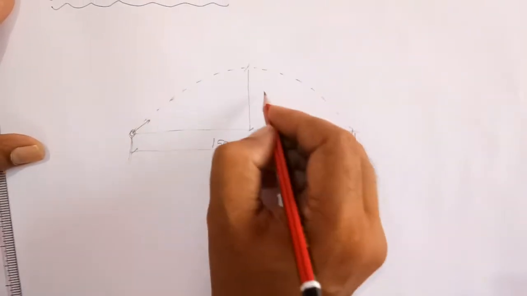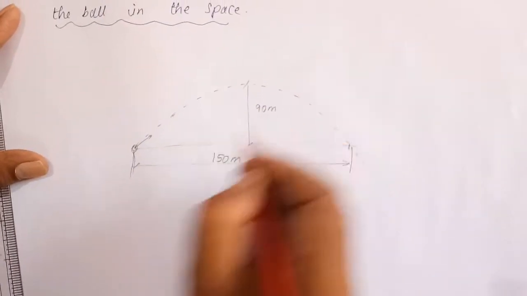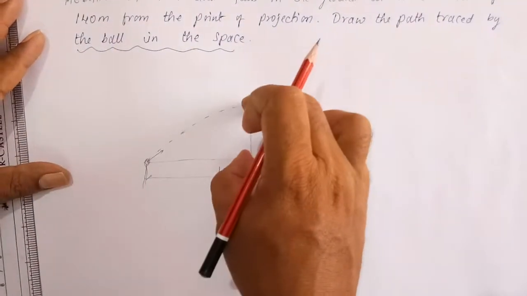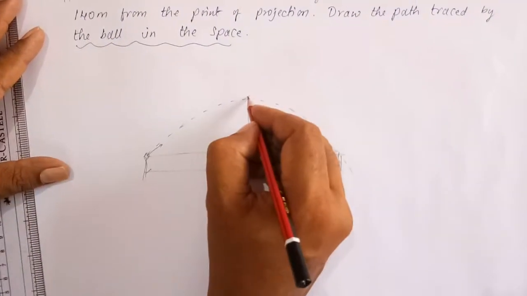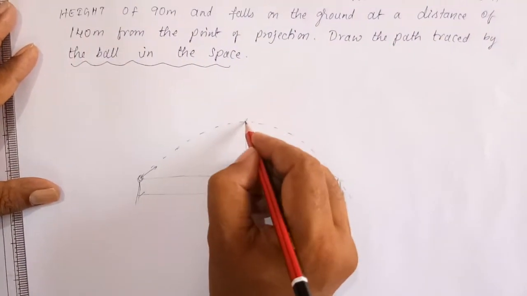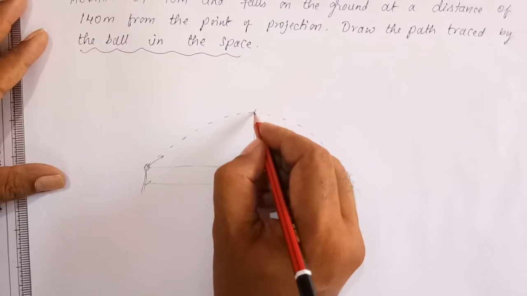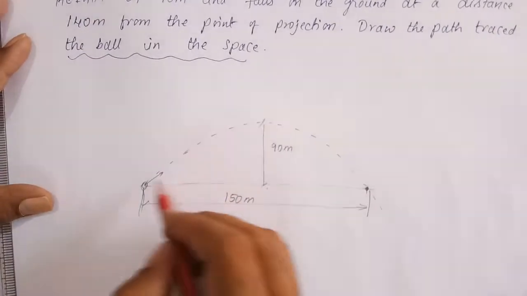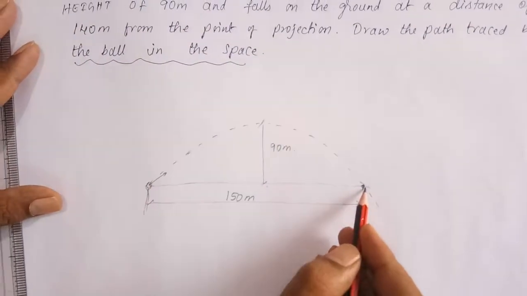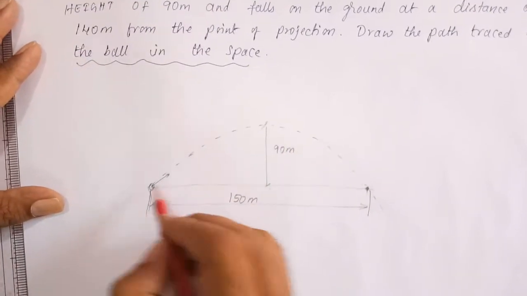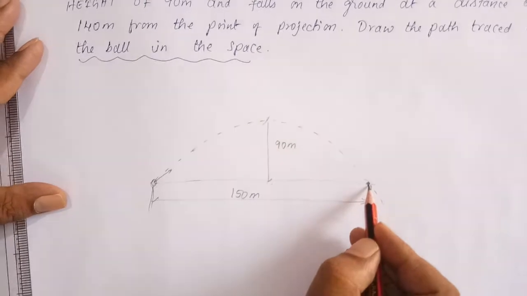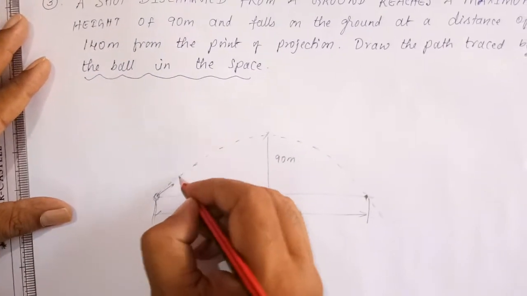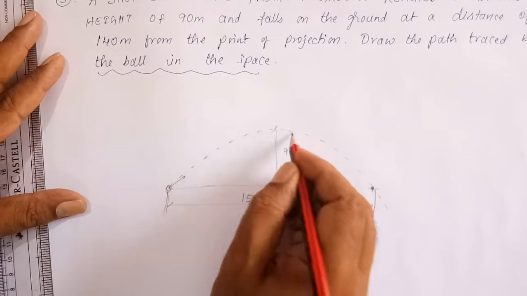The maximum height it has traveled is 90 meter. Maximum height the ball has traveled. And what is the distance it falls on the ground from the point of projection? 150 meter. Now you are being asked to trace the path of this ball.